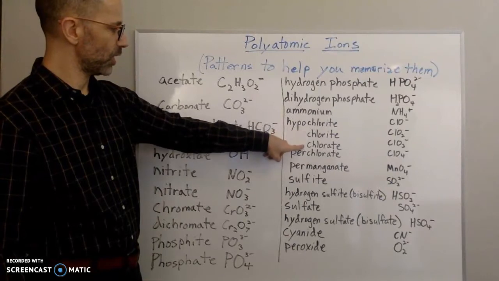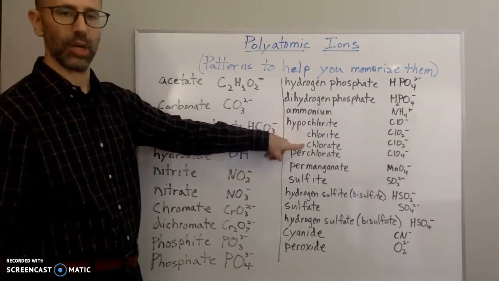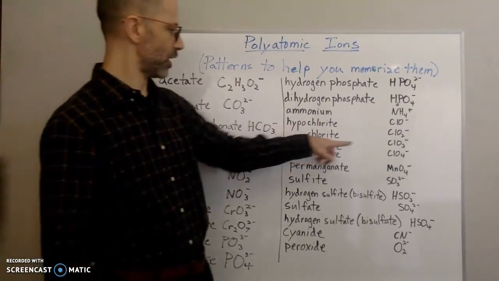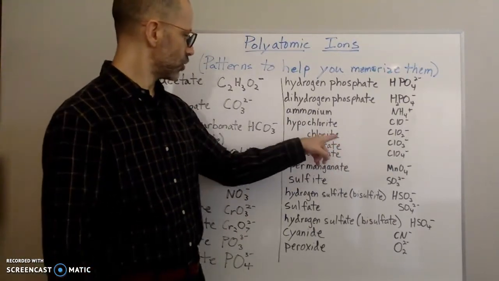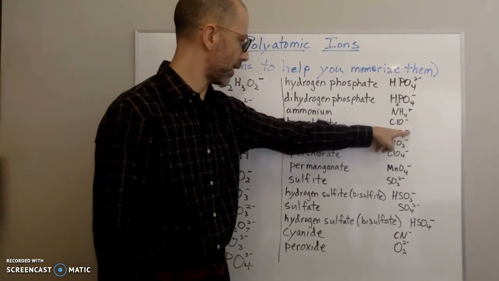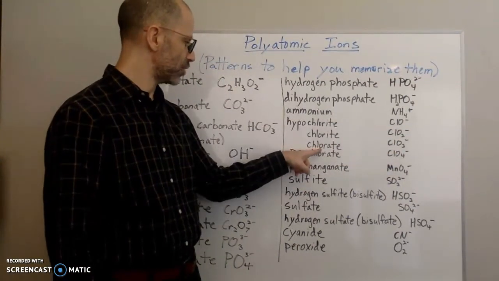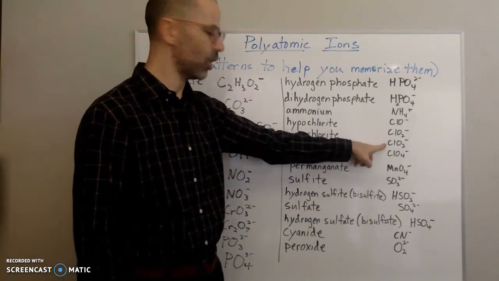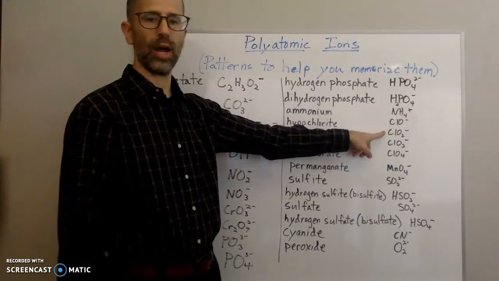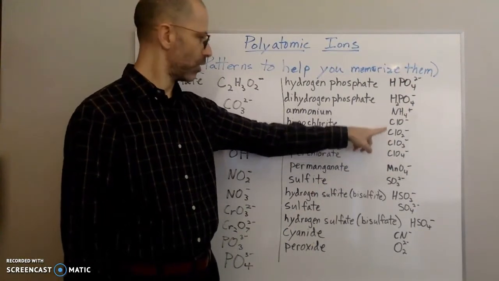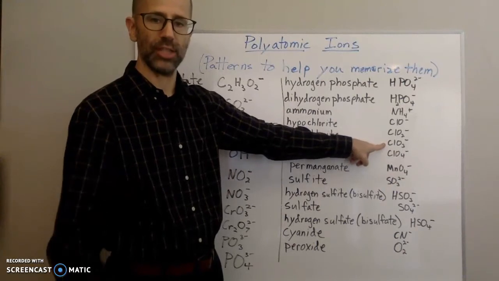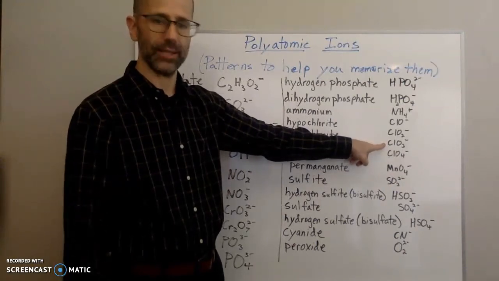The difference between chlorite and chlorate is that one has one more oxygen than the other. So the chlorate should have one more oxygen. So the chlorite is ClO2 minus. Chlorate should have one more oxygen, ClO3 minus. So if you know what chlorite is, you just add one more oxygen, and that's your chlorate.